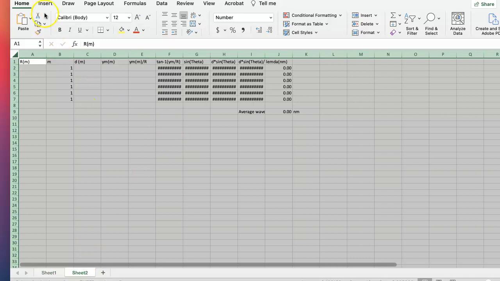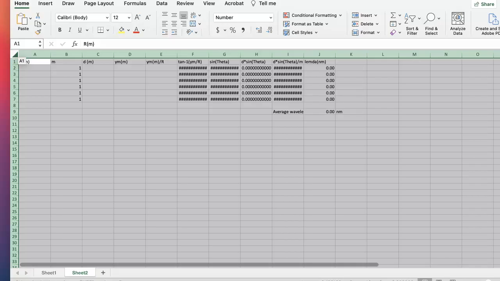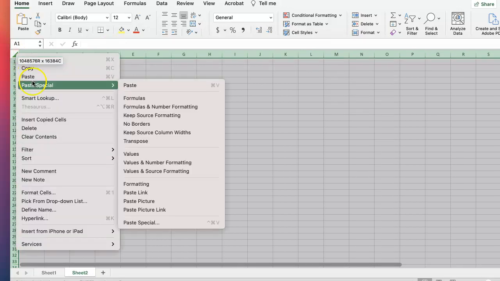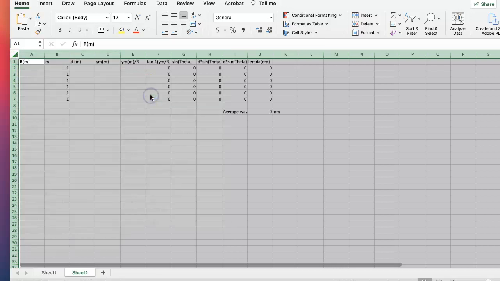Okay, maybe because of how I pasted, I should paste using the formulas. I don't know why it did not work here; let me redo it.